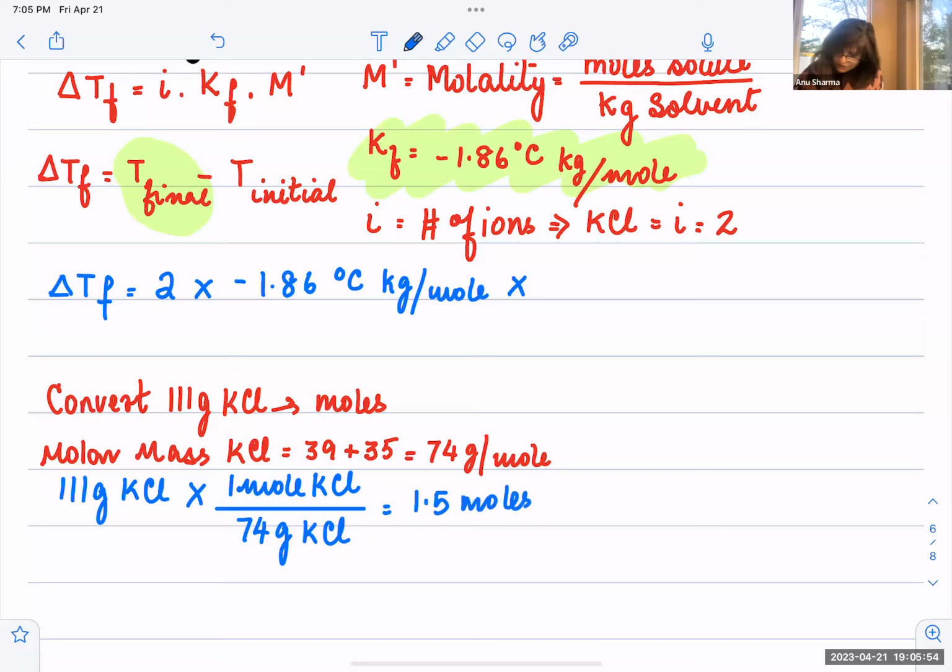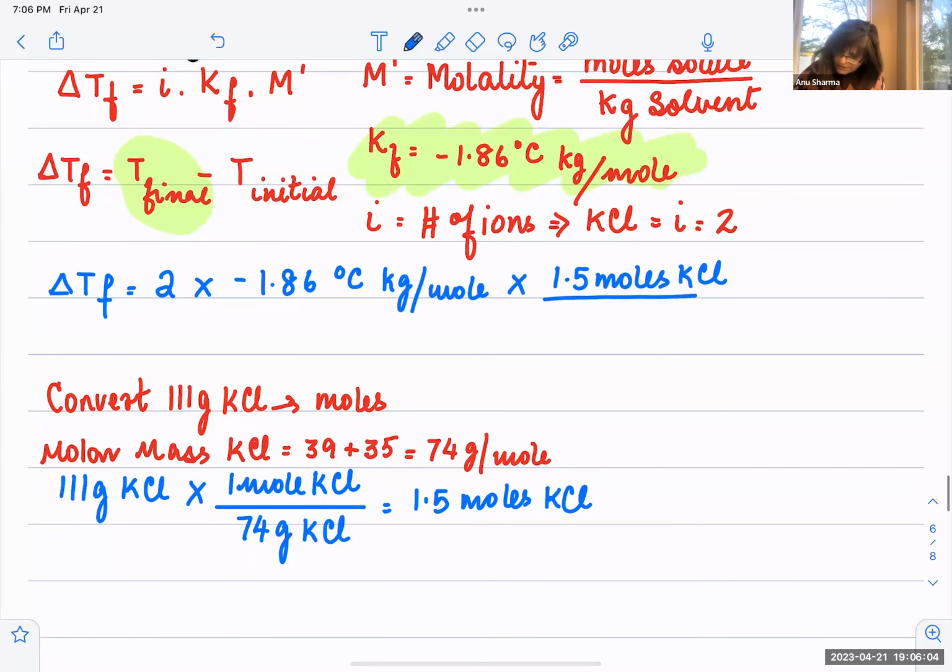This is the number you're going to use. So here you put 1.5 moles of KCl over 1.0 kilograms of water as the solvent.